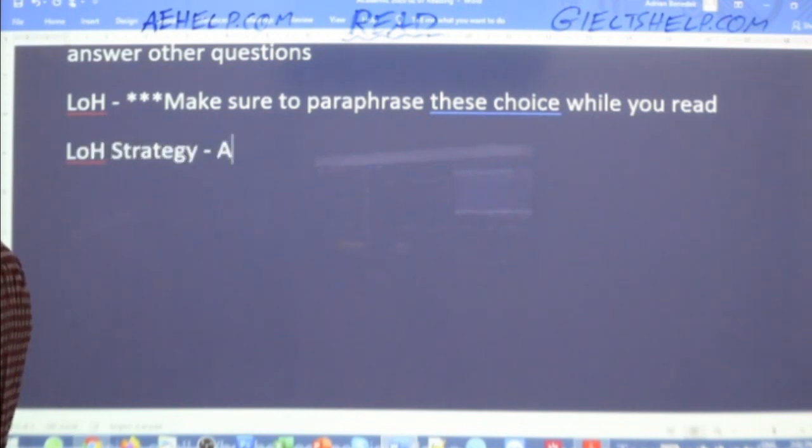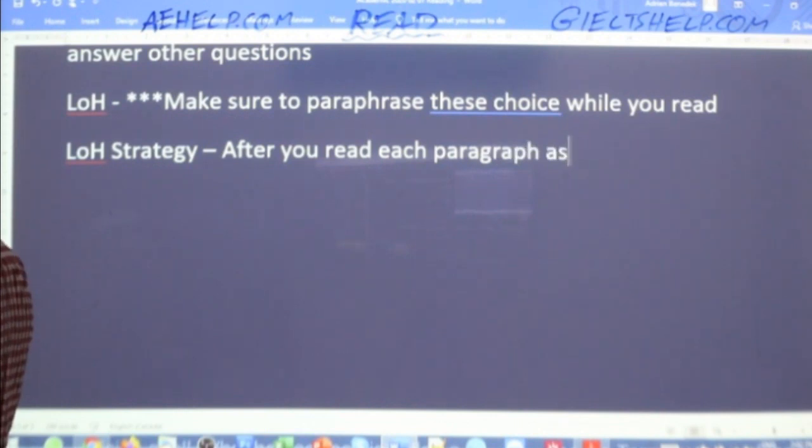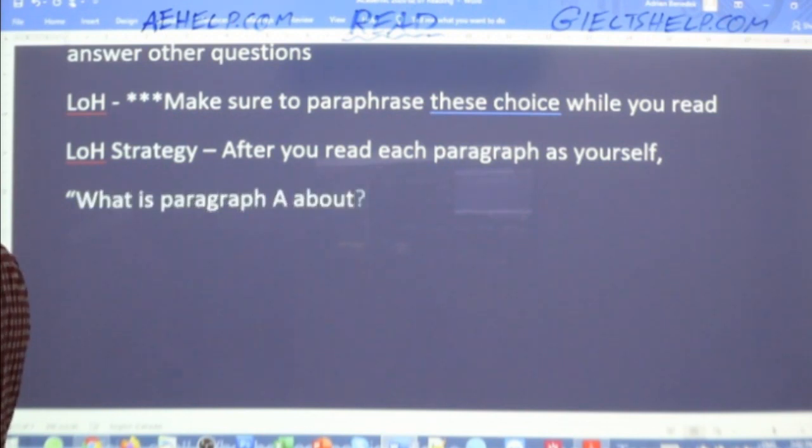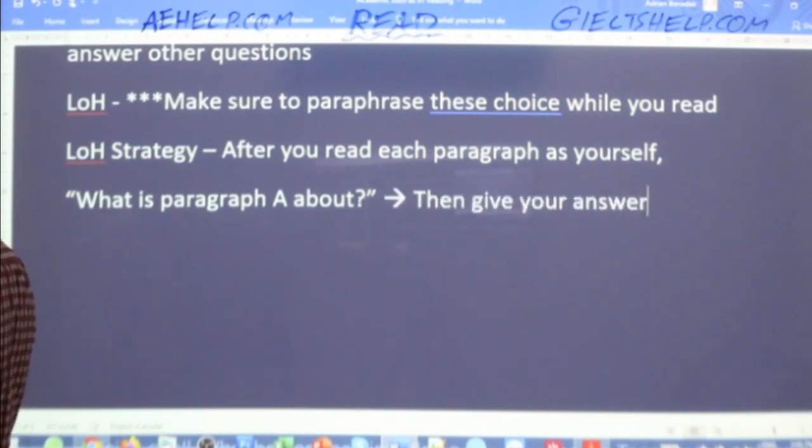So after you read each paragraph, ask yourself, what is paragraph A about in this case? And then give the answer.